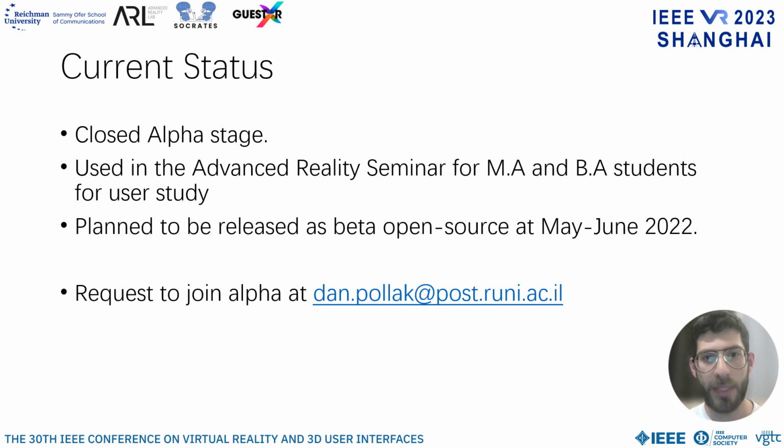It is planned to be released as beta open source in May or June, which means in 1 or 2 months. If you are very interested in joining the alpha and the development process, please don't hesitate to contact me, and we'll be happy to have more help.